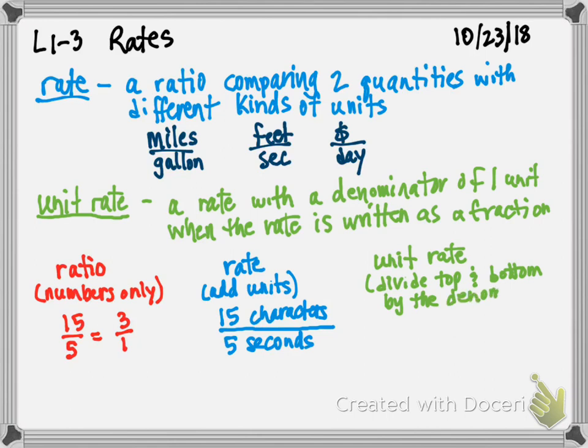So if I take 15 characters and 5 seconds and divide each by 5, I end up with a unit rate of 3 characters per second.